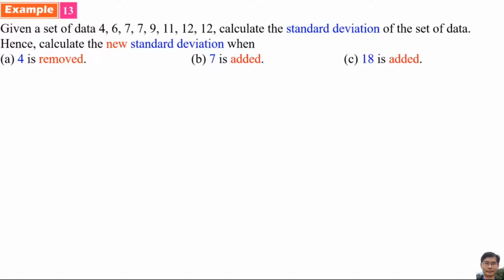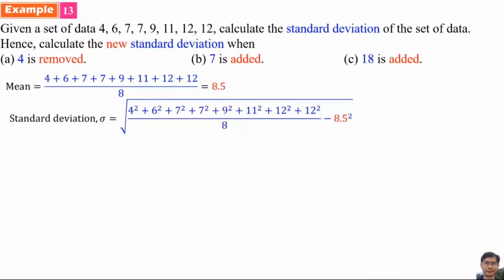Example 13. Given a set of data 4, 6, 7, 7, 9, 11, 12, calculate the standard deviation of the set of data. Hence, calculate the new standard deviation when A. 4 is removed, B. 7 is added, and C. 18 is added. The mean of the set of data is the average of the data, which equals 8.5.